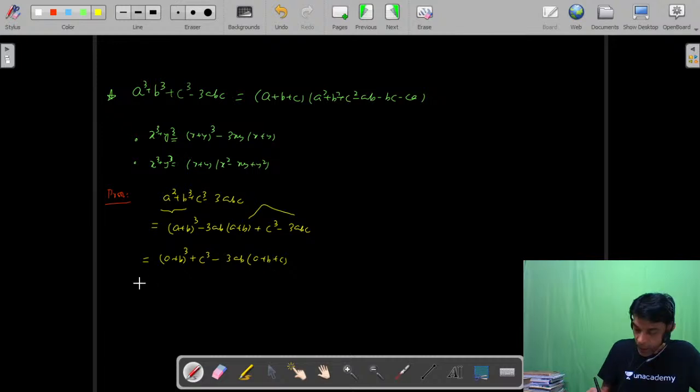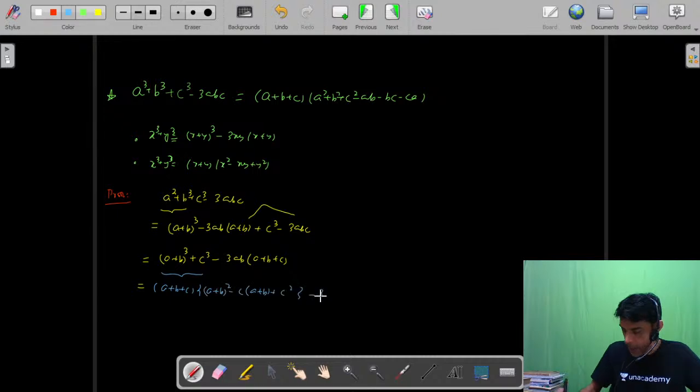on these two I apply again sum of 2 cubes, but in the second form. So this is a plus b plus c and then a plus b whole squared minus c times a plus b and c squared, and minus 3ab times a plus b plus c. Now a plus b plus c is common throughout, so I can take this common.